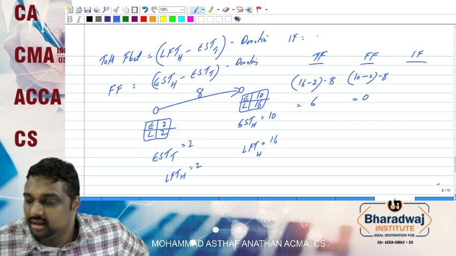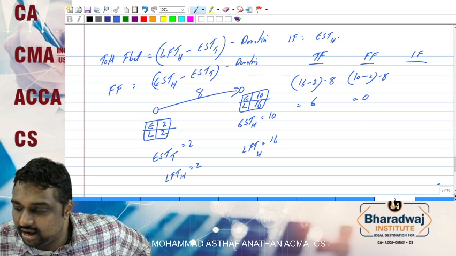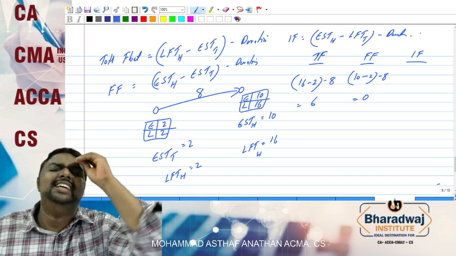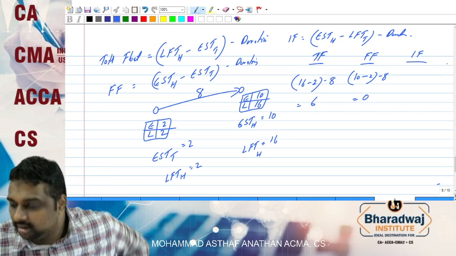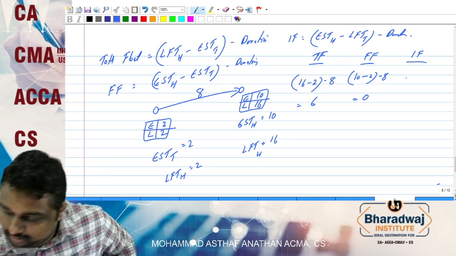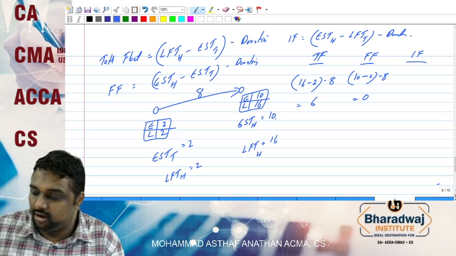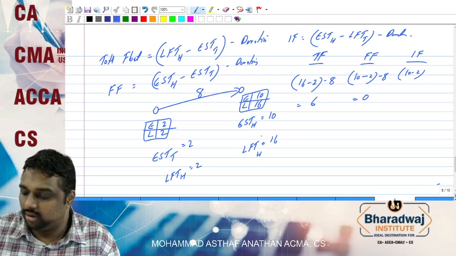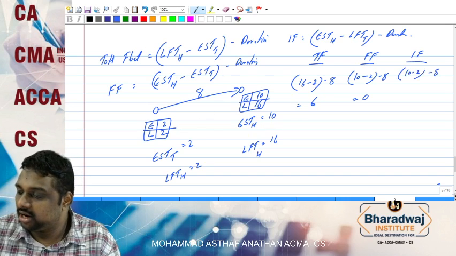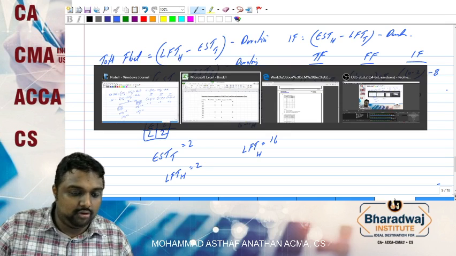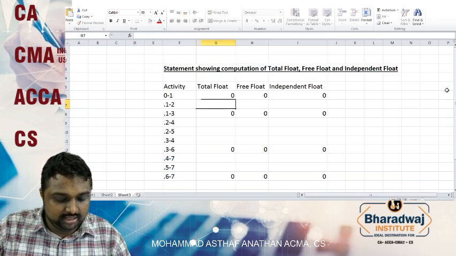Independent float will be the earliest start time of head node minus the latest finish time of tail node, minus duration. Minus duration is common. So 10 minus 2 is 8, minus duration, you get 0. The answer is clear. So for 1 to 2 we have discussed: total float 6, free float 0, independent float 0.